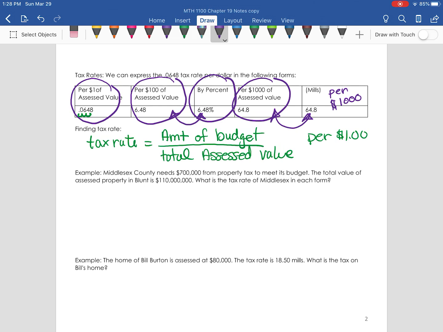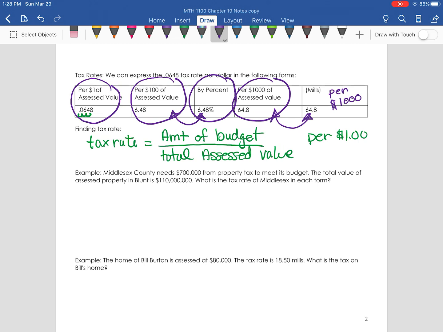So if I wanted to say my tax rate was 64.8 mils, that means for every 1,000 of my assessed value, I'm going to pay $64.80 for taxes.